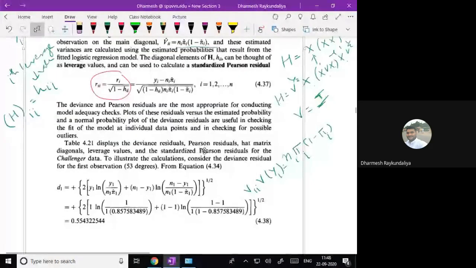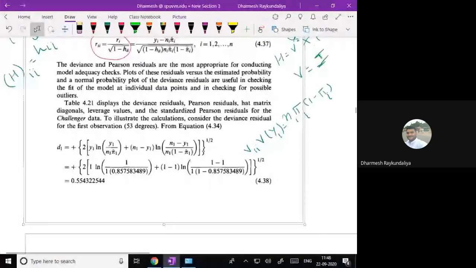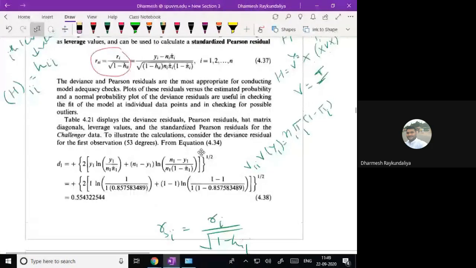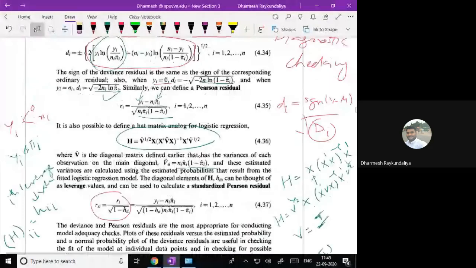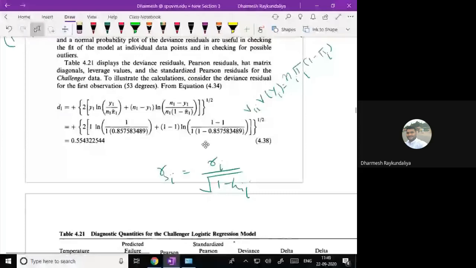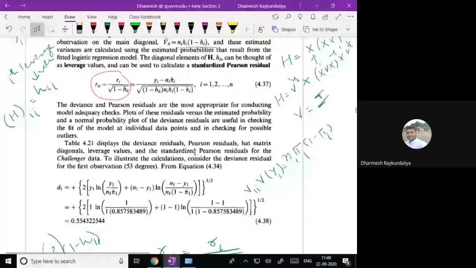The standardized Pearson residual you can obtain by RSi equal to ri divided by square root of 1 minus hii. And what is ri? We have already taken this. If you remember, we obtained that the variance of e is sigma square into 1 minus hii, so the same estimate of sigma square we have substituted.